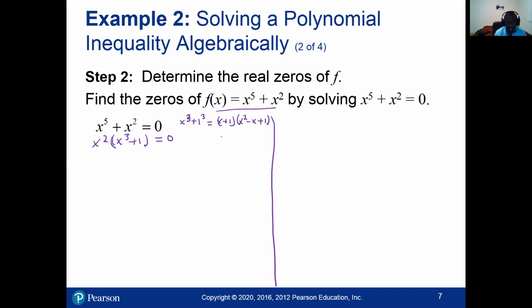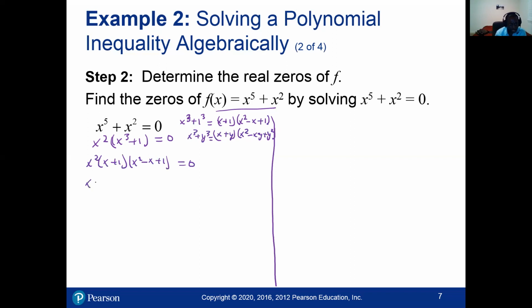It is x squared minus xy plus y squared for x cubed plus y cubed. So when you factor this, you have x squared times x plus 1 times x squared minus x plus 1 equal to 0.